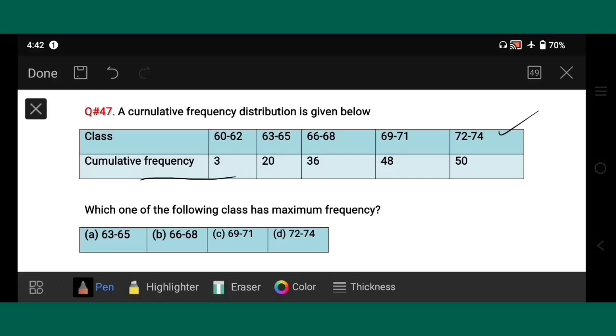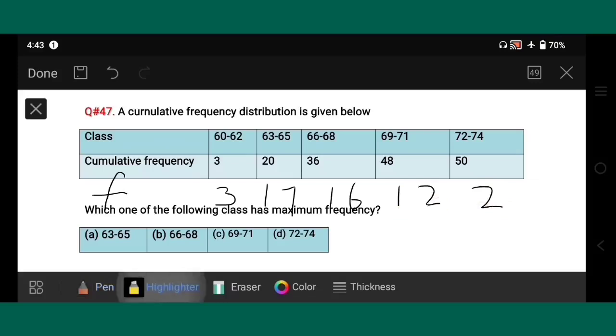For this, we will just find the frequency. Just write down 3. Then 20 minus 3 gives 17, 36 minus 20 gives 16, 48 minus 36 gives 12, 50 minus 48 gives 2.